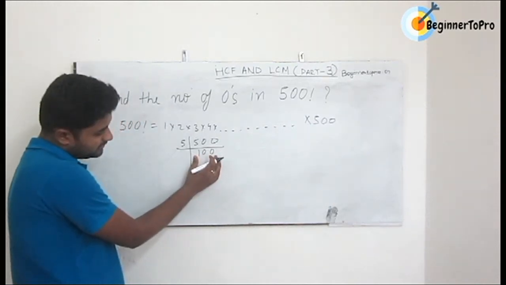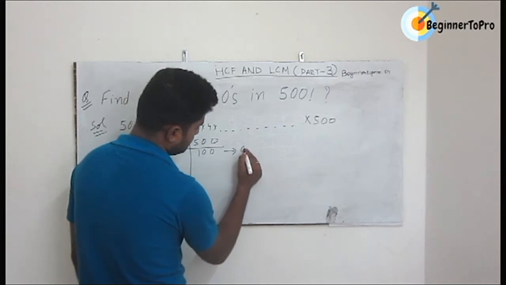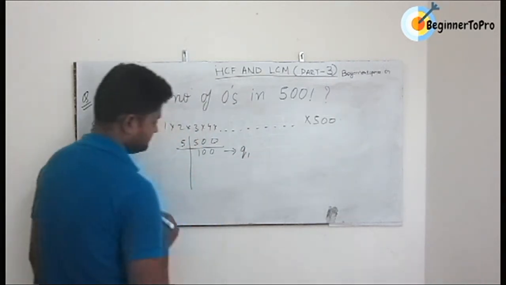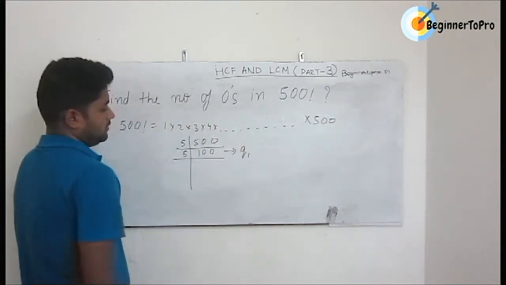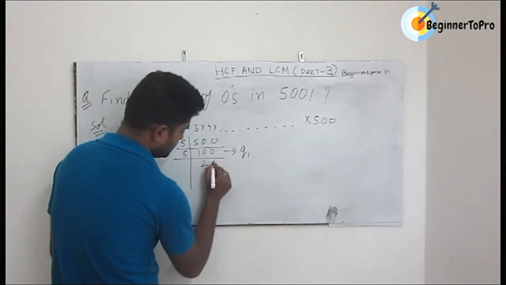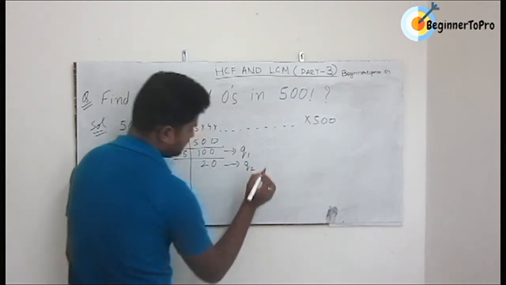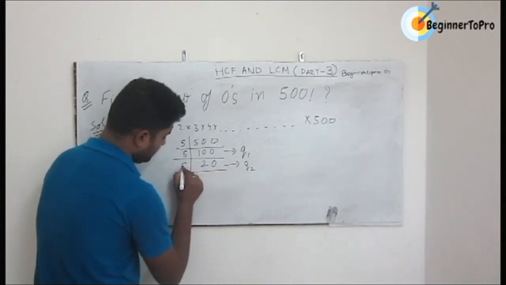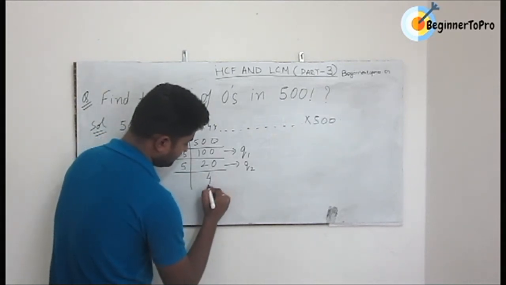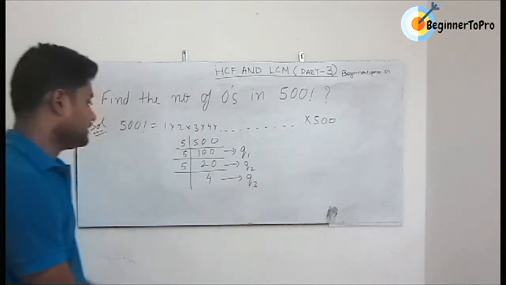This 100 is nothing but a quotient. Then again divide by 5, we will get 20. This is also a quotient. Then again divide by 5, we will get 4 as the quotient.